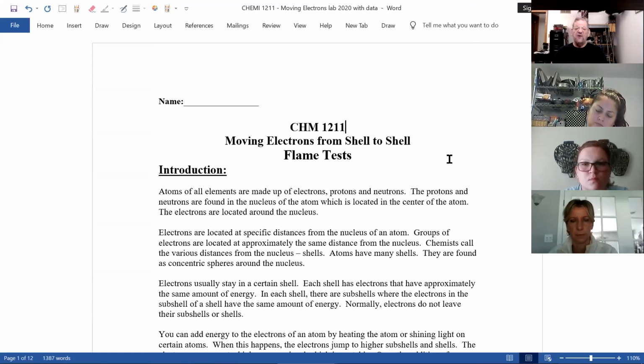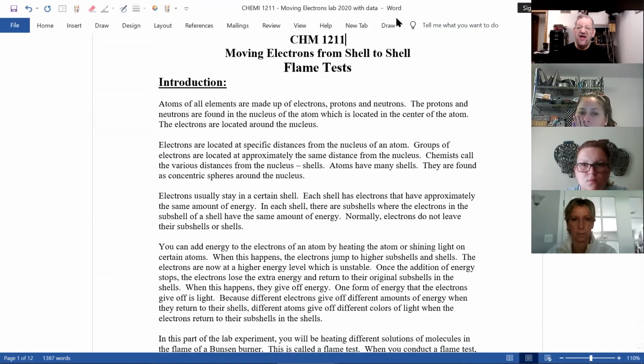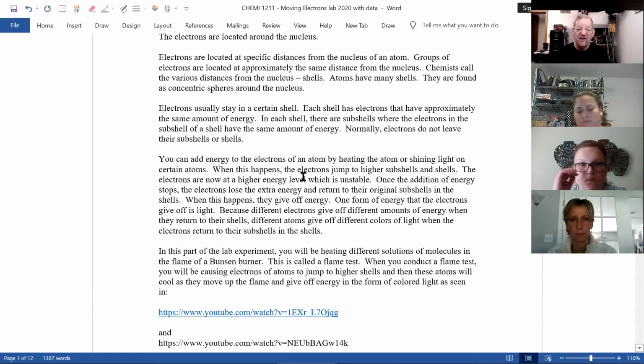When you heat an element or a cation or molecule, the electrons go to a higher shell. When you take that heat away, the electrons fall back to where they were. When you add energy, electrons jump to higher subshells and shells.